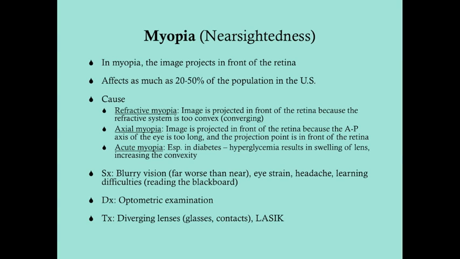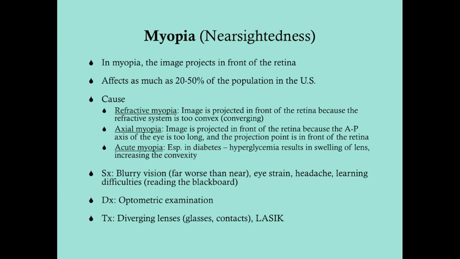There are two different causes of myopia when we're talking about young children, and it really just goes to the physics. So why would an image project in front of the retina? Well, number one, the image can project in front of the retina because the refractive system, what's supposed to project the image, is too convex.